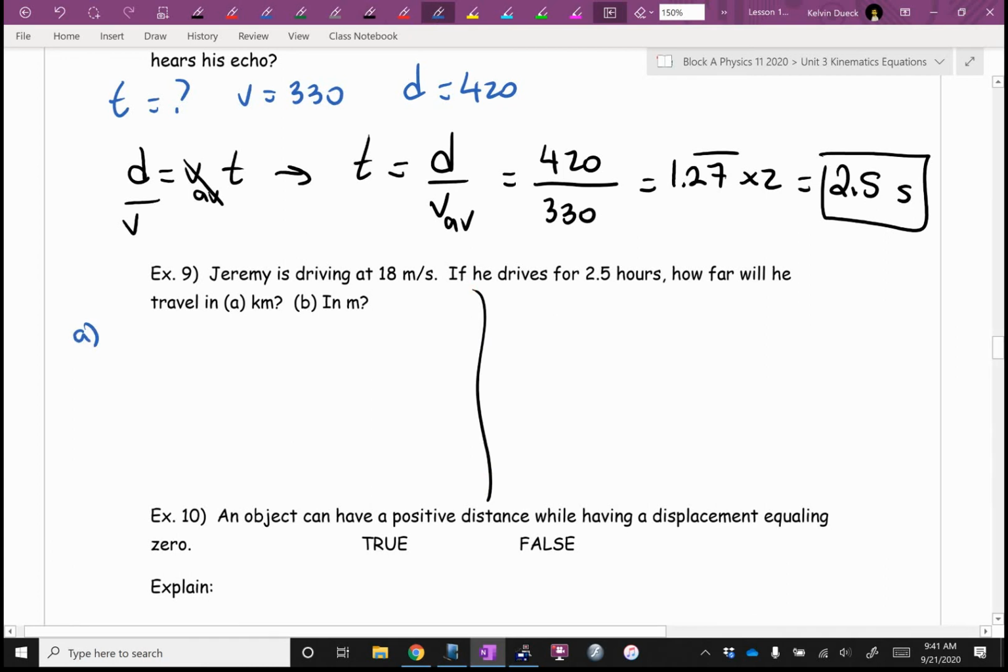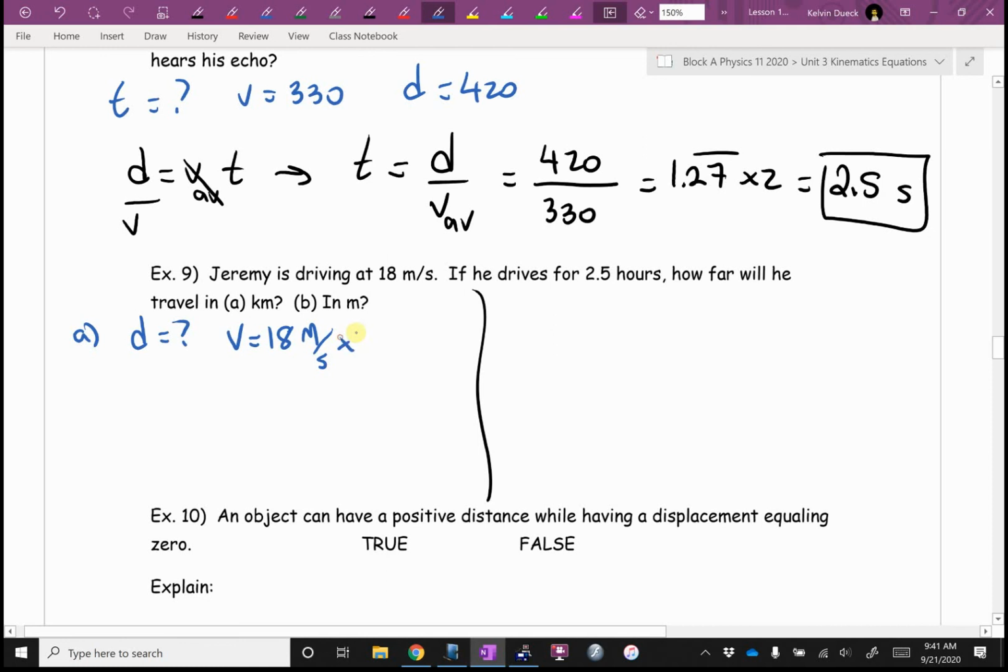Part A. How far? D equals question mark. What's that 18? That's the one that I don't like. So this time I'm going to go V equals 18 meters per second. I'll write down the yucky units. How do I convert that to kilometers per hour? Is it times 3.6?